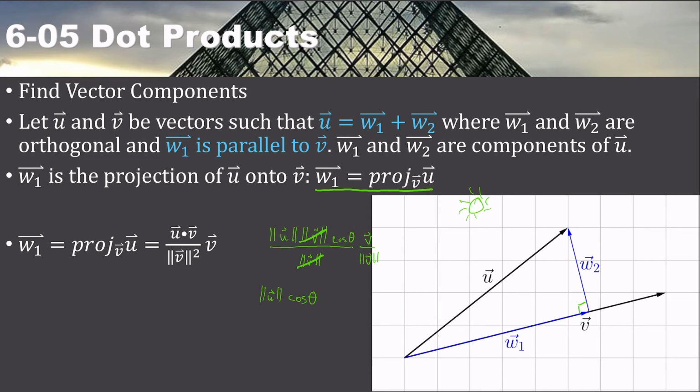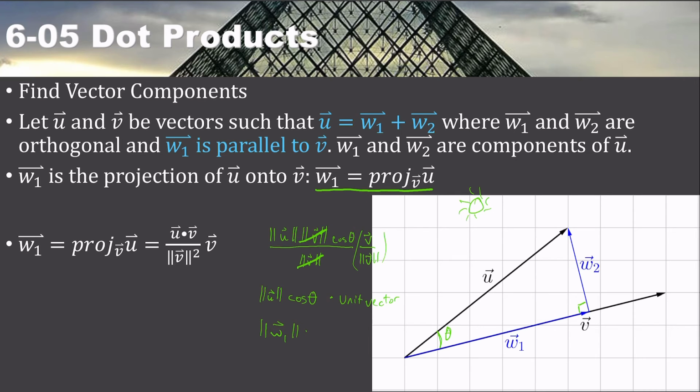Well, what is the magnitude of u times cosine of the angle? Looking at our picture, that's the angle. Magnitude of u is the hypotenuse. So I have the hypotenuse times cosine of the angle. That gives me the adjacent. The adjacent is the magnitude of W1. And then the second part here, that's v over its magnitude, so that is a unit vector in direction of v.